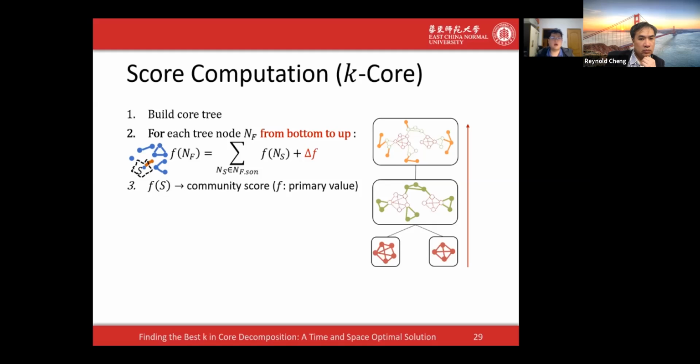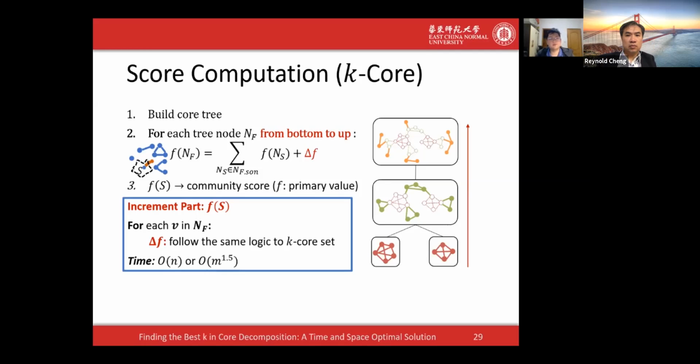Then we get the primary value of every tree node, and then we compute the community score from the primary value of the tree node. To handle the increment part, for each v in the tree node, we follow the same logic as the k-core set and compute the update. The time complexity is similar to the k-core set.